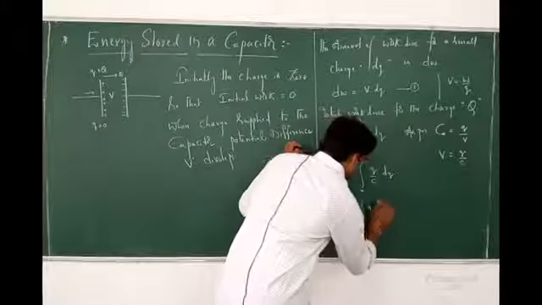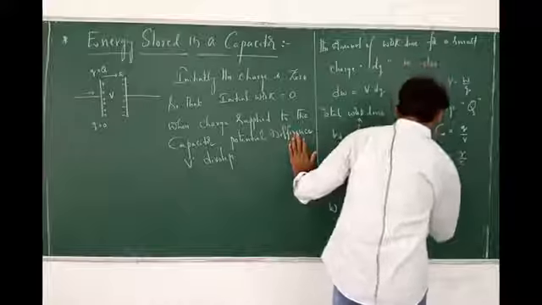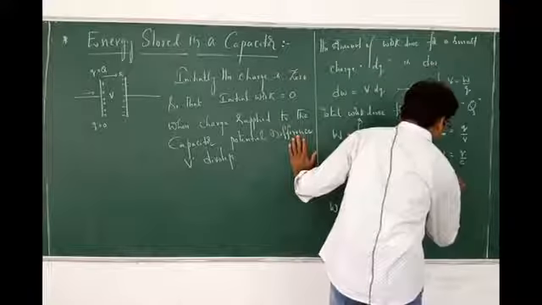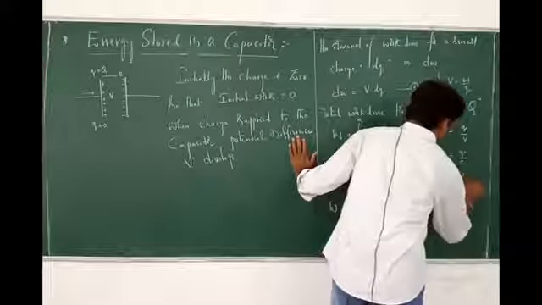Now I have to apply one more formula: the integral of x dx is equal to x square by 2. These are basic integration formulas we know. So 1 by C times Q square by 2, with limits 0 to capital Q.